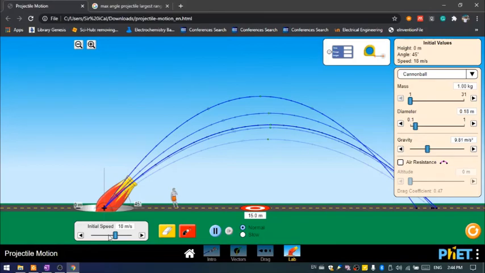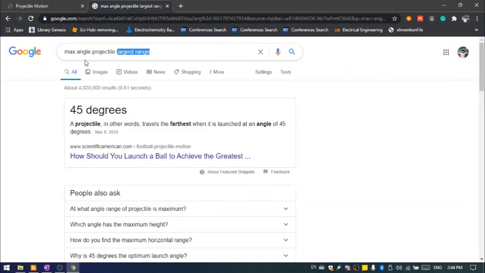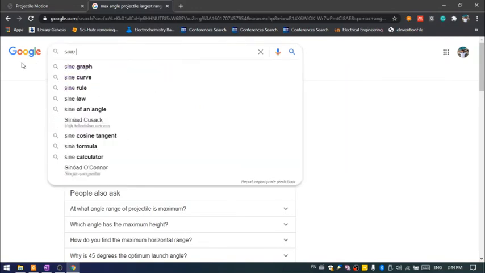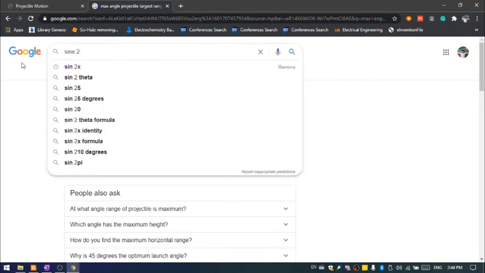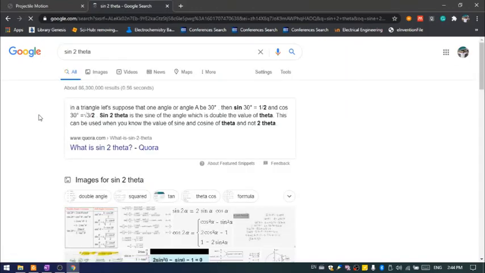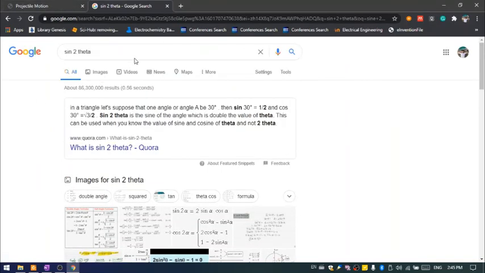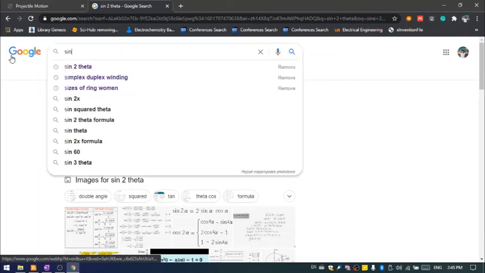So kung pansin nyo kayo na 45 degrees, no? Wait lang, probably may mali tayo sa math. So sine 2 theta, hanap tayo ng iba pa. Sine 2 theta, 2 sine theta, cosine theta.